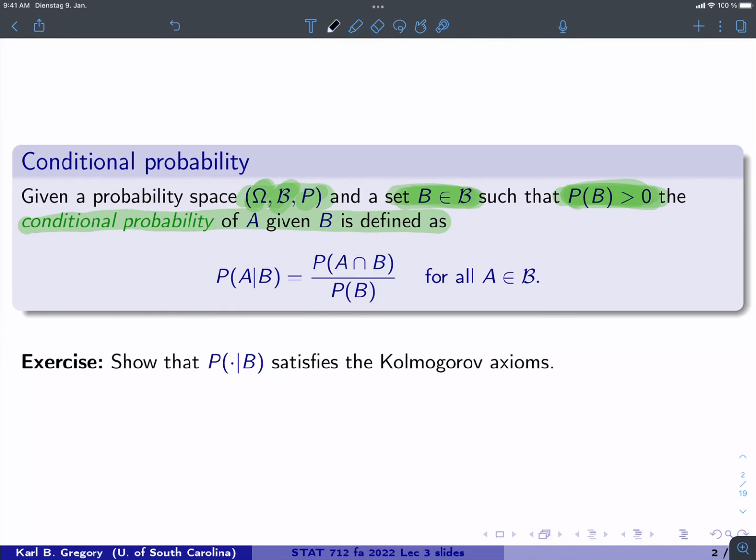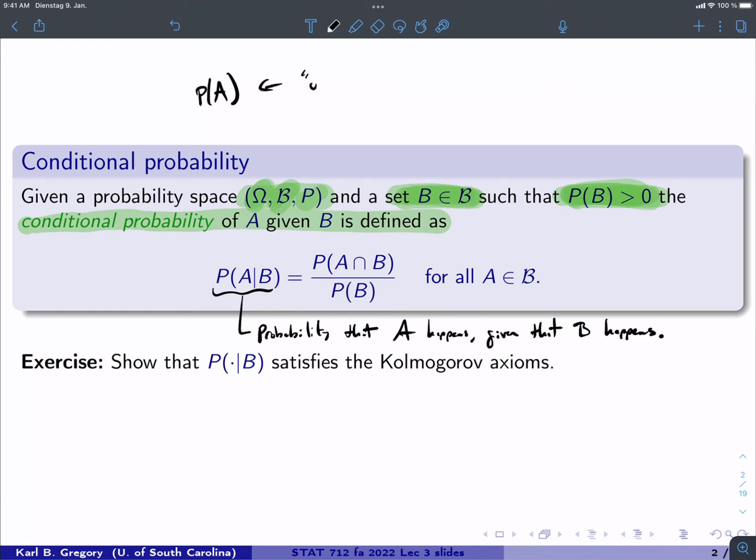So the way we interpret this is probability that A happens given that B happens. And so the idea is if I write probability of A, we might call it an unconditional probability.